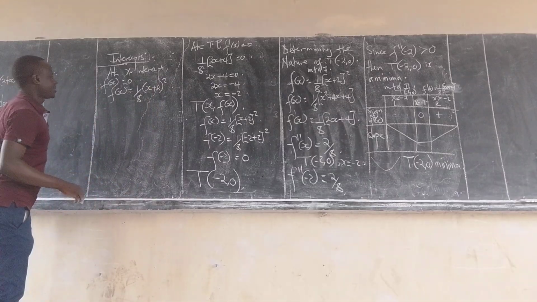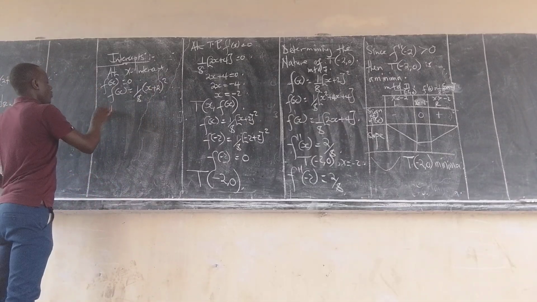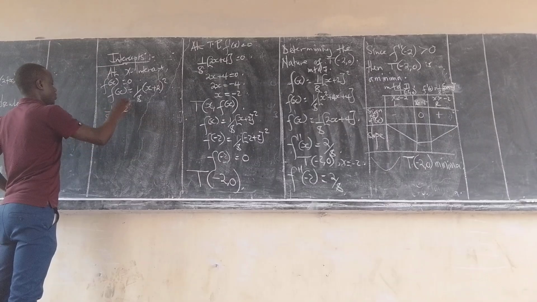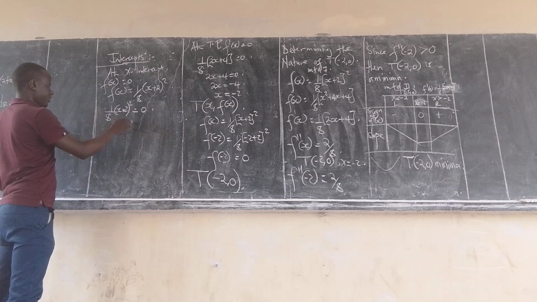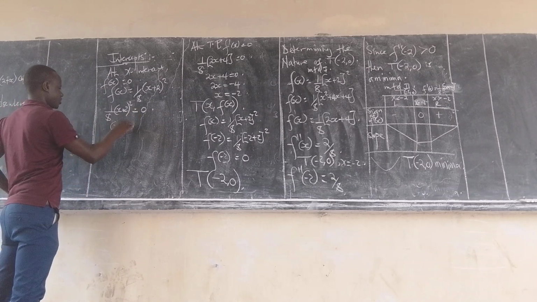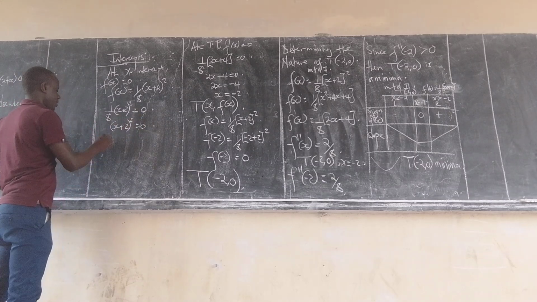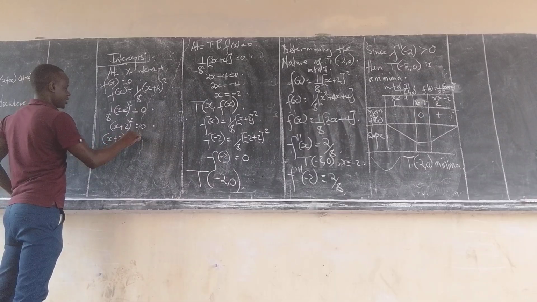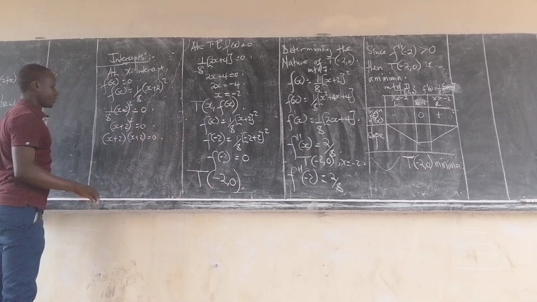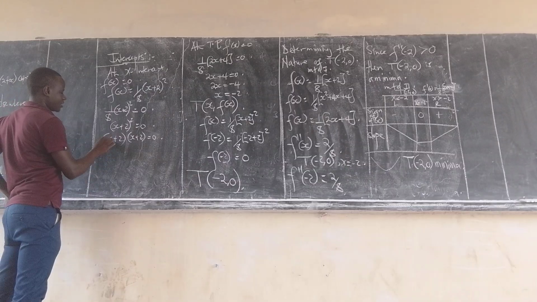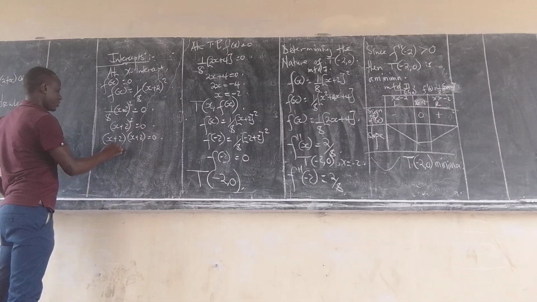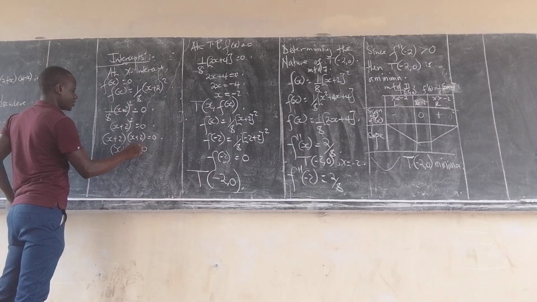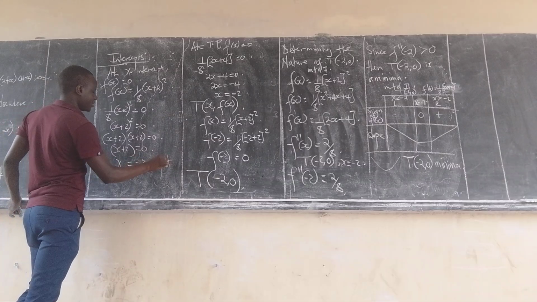So when f of x is 0, it means 1 over 8 into x plus 2 all squared is equal to 0. When we multiply all through by 8, our x plus 2 all squared is 0, which means that either x plus 2 is 0 or x plus 2 is 0. So we are going to have x plus 2 as 0, which means x is negative 2, and it is a repeated.